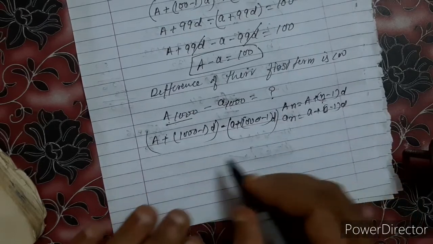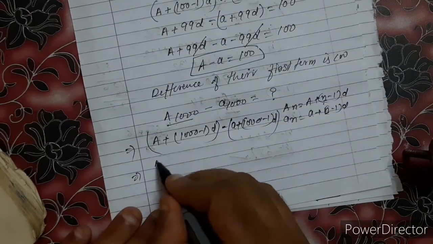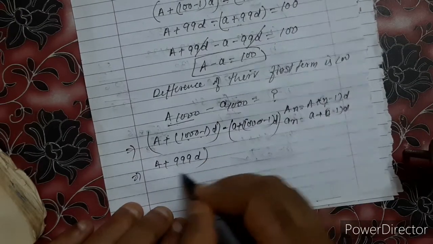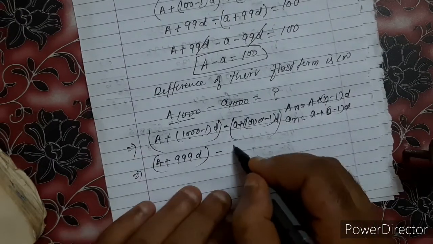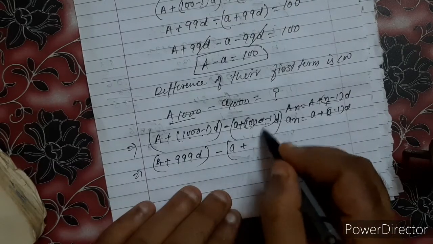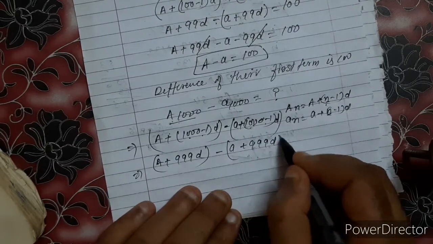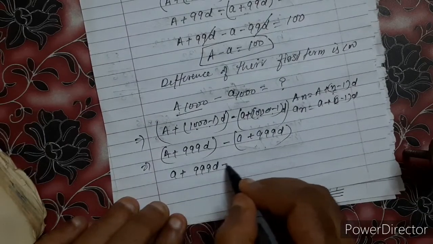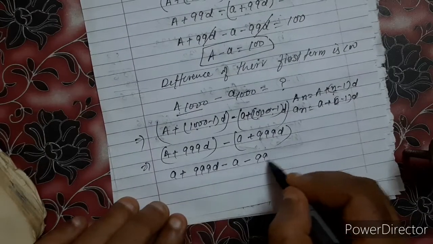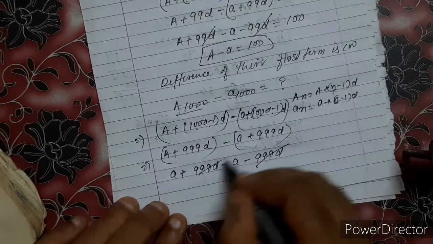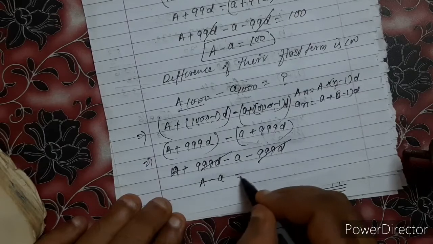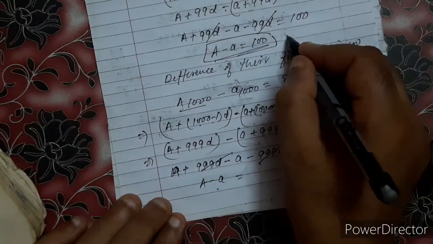This we have to find out. So A plus 999d, minus, a plus 999d. This will cut, and again this is A minus small a, which is equal to 100.